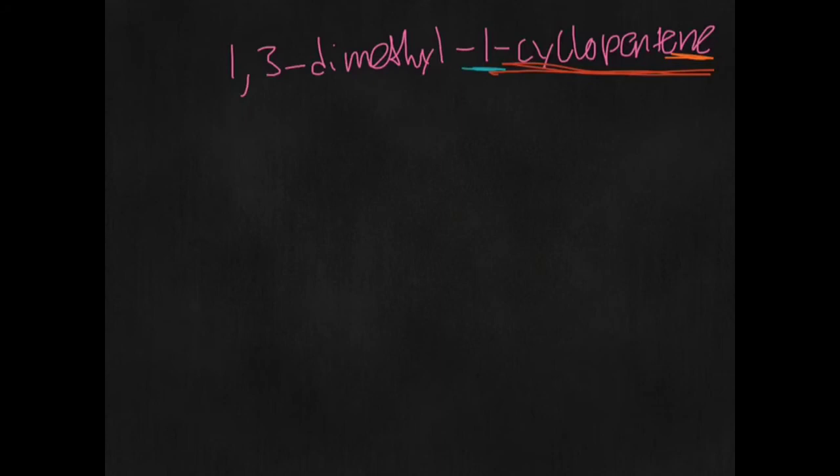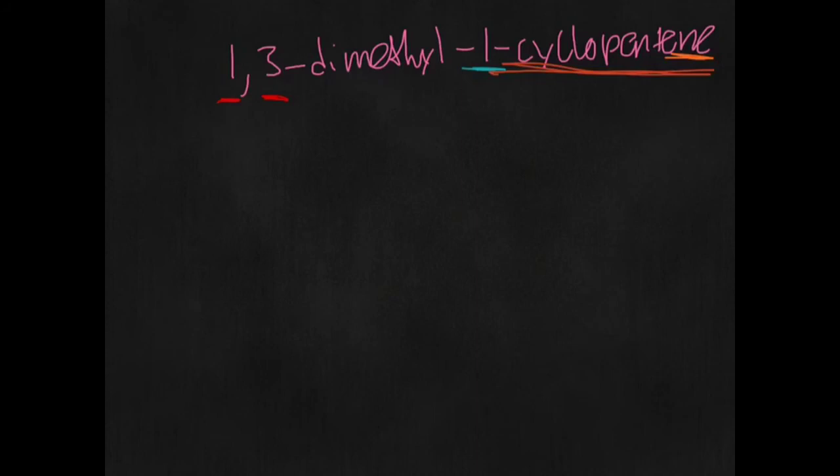We also know two more things: the cyclo is all connecting together, and the pent equals 5. Some other things we can notice is that we're going to have two hydrocarbon chains in position 1 and in position 3.